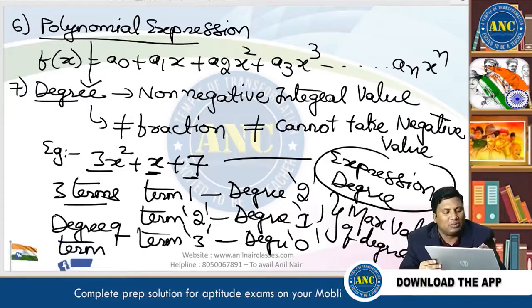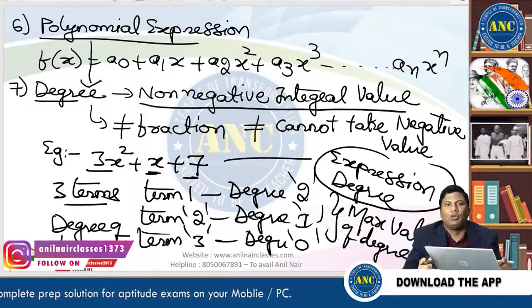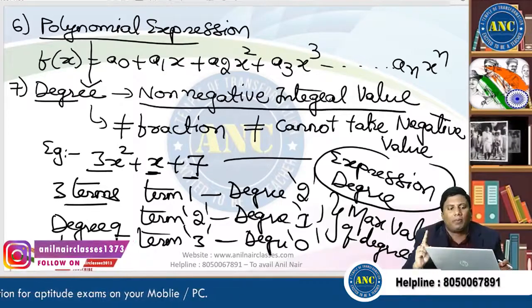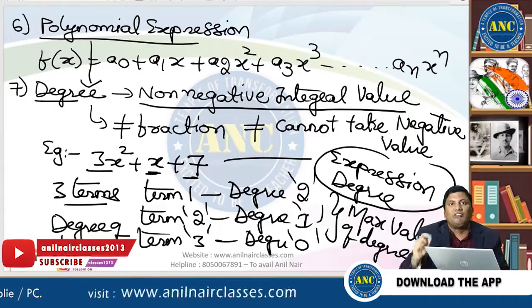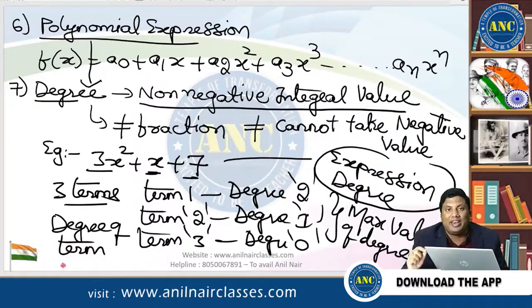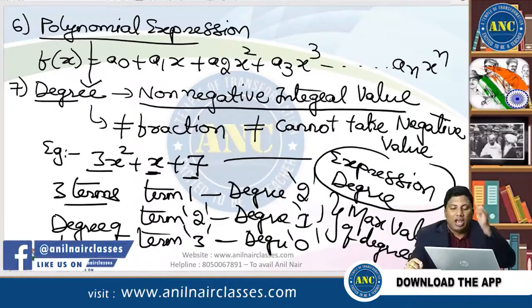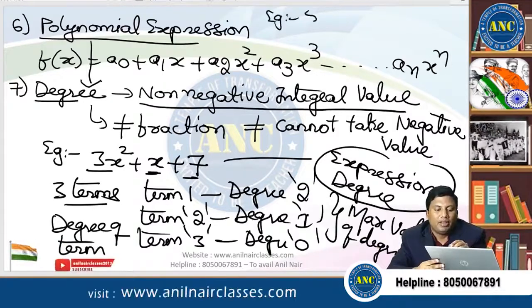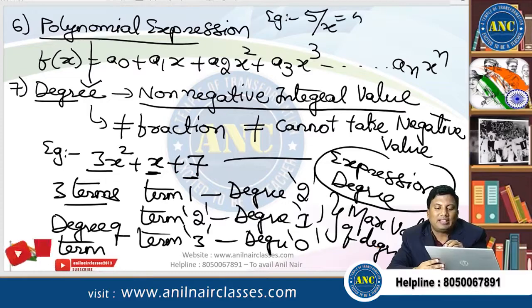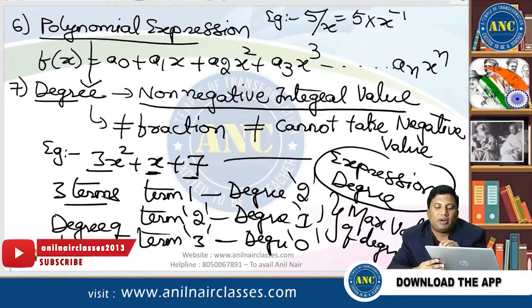For a polynomial expression, degree will always be a non-negative integral value. The power of any variable cannot be a fraction or take a negative value. For example, 5 by x is nothing but 5 into x power minus 1.